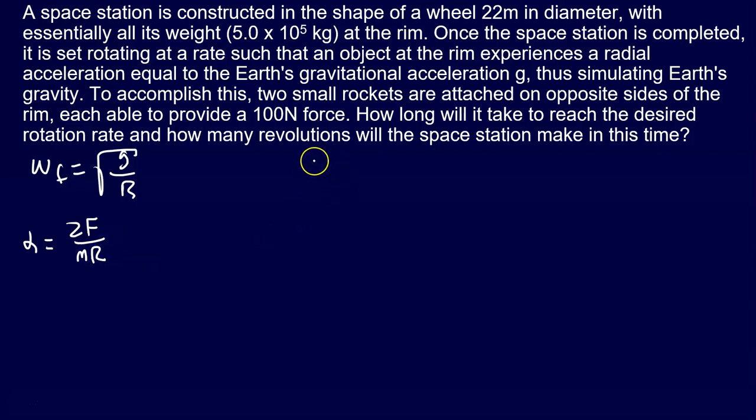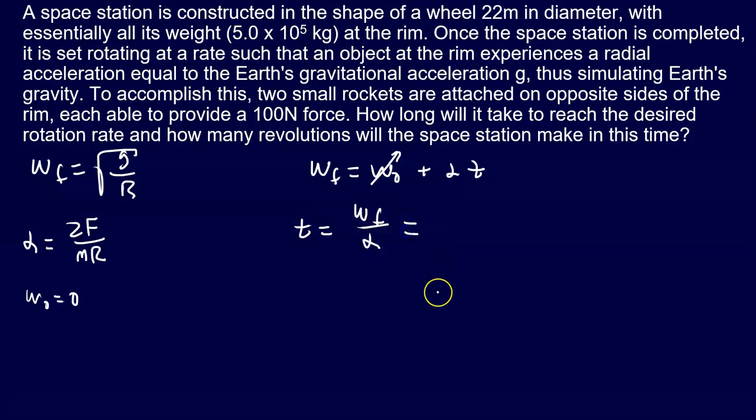We can do this a couple different ways, but probably the easiest is to go for the time first. Here's one of our kinematics equations: omega final is this guy, omega initial is given as 0, so it's starting at rest, and then alpha times time. If that thing goes away, my time works out to be omega final divided by alpha.